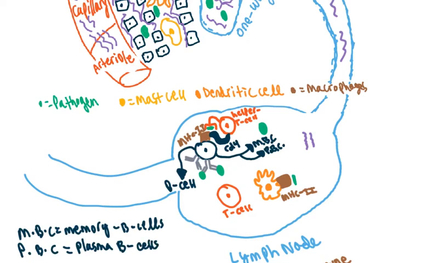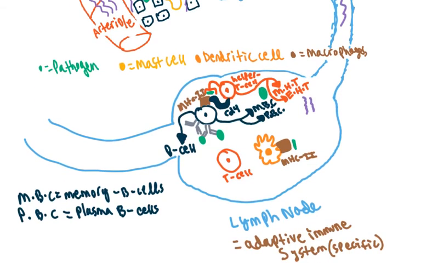And also, not only will our helper T cell release lymphokines to stimulate the proliferation of our B cells, but our B cells will also release some cytokines that will in turn go over to our helper T cells and stimulate the proliferation of our helper T cells into two other types of helper T cells, which are going to be memory helper T cells, so let's draw another arrow, and effector helper T cells.